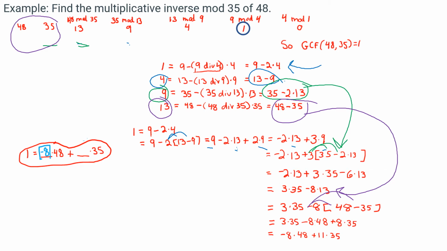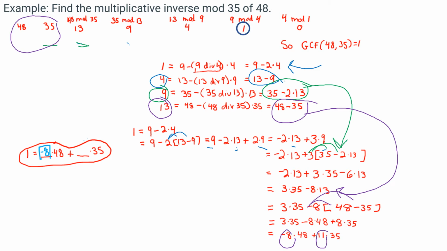Now, remember that in order to get the multiplicative inverse mod n, we're going to find that s and then take s mod n. So at this point, our big question is, which one of those is really considered the s in this case? Because we have these two numbers down here, a negative 8 and an 11.